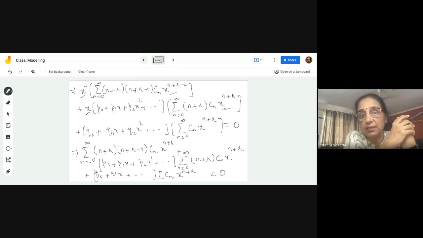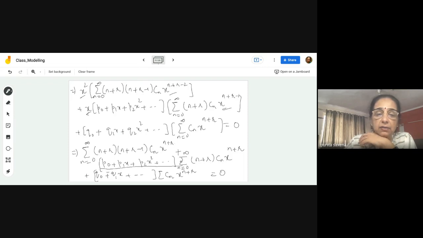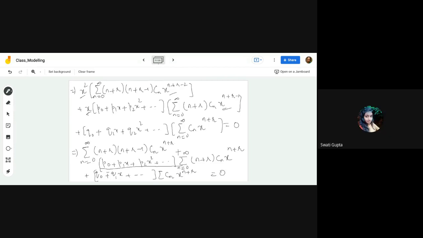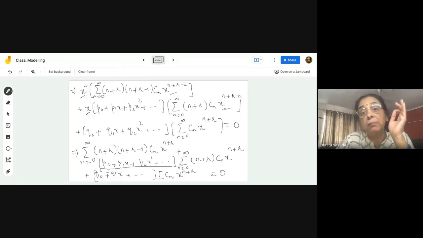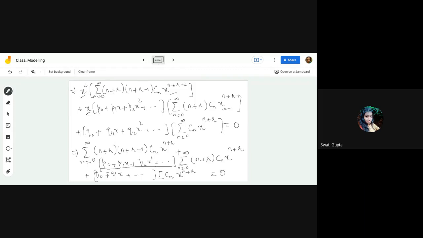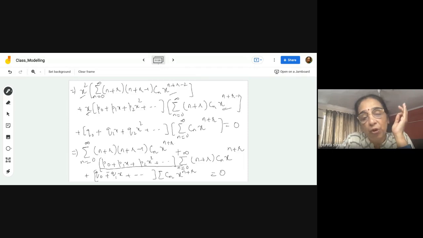It is a product of two series, so where did this term, px, go? Yes, ma'am, we are putting n equal to 0. But it is also containing a series with it, that is p naught plus p1x.